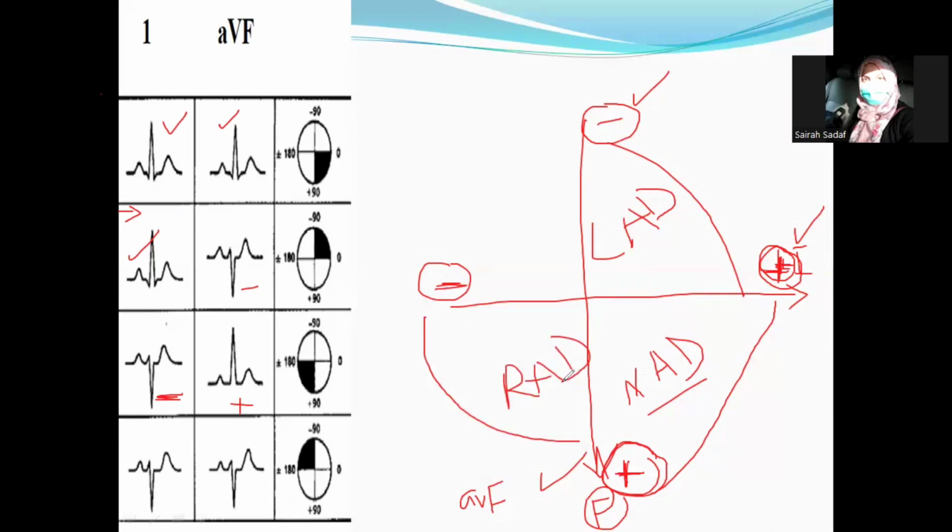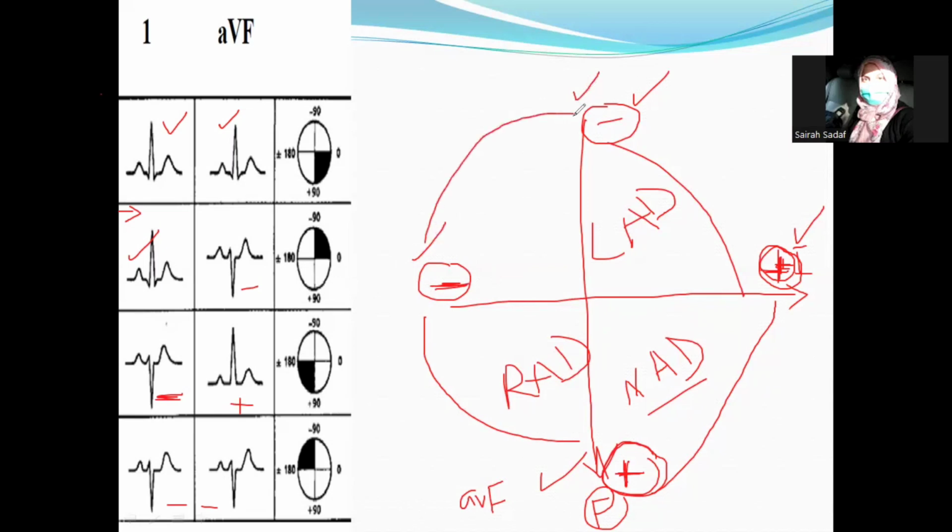Okay, easy. Now to the extreme case where the waves in both leads are negative. In lead 1, the S wave is prominent and dominant, and in AVF, the S wave is dominant, which means that both are negative. So where are both negative ends? The negative end of lead 1 is this, and the negative end of AVF is this.